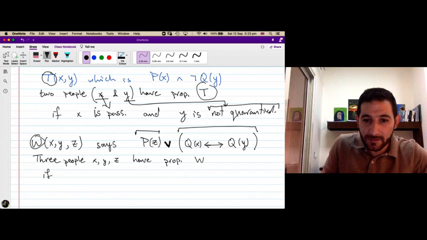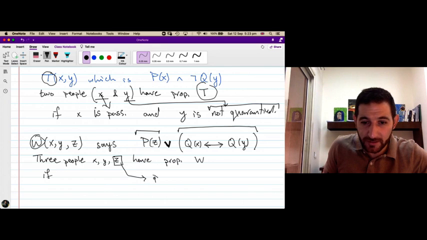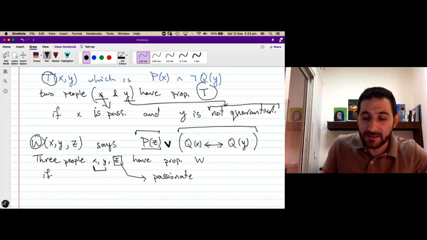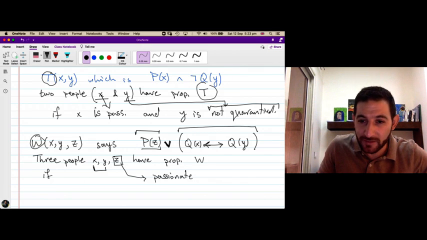If the third, z, is passionate, because this is P of z. And if the first and the second, either both have property Q or both don't have property Q. Remember, if and only if holds when both are true or both are false.